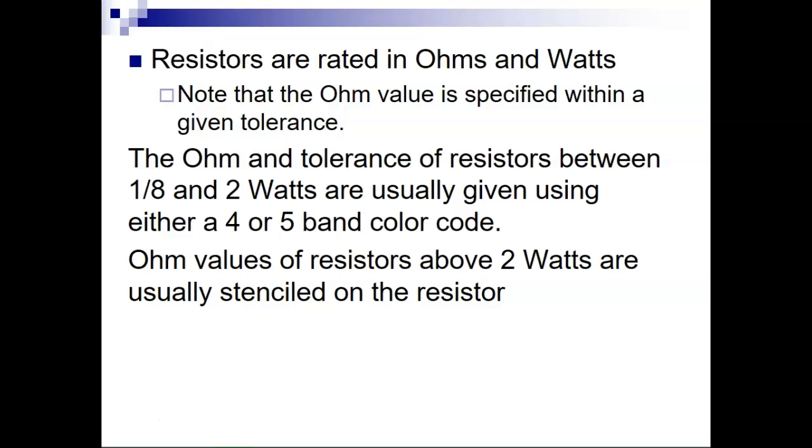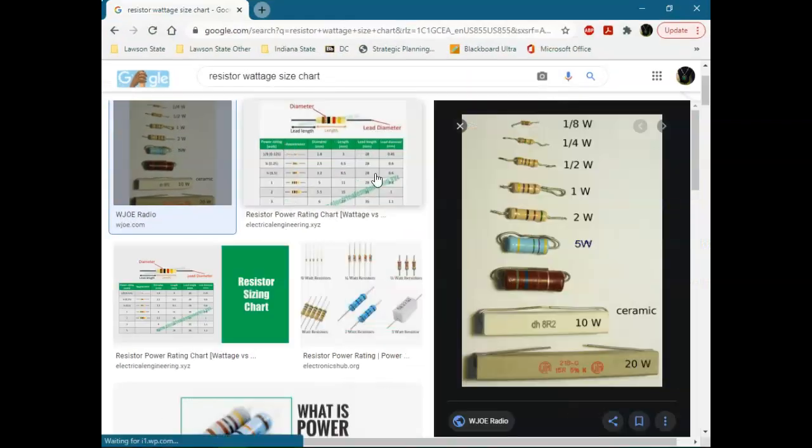Just to give you an idea: you have 1/8 of a watt, which is about the size of an ant. You have a 1/4 watt, it's a little bit bigger. Half, 1, 2, 5. You get 10 watts, 20 watts, and those two are ceramic. But if you notice, you still have the color bands on a lot of the bigger ones. But once they get this size, they start stamping it on.